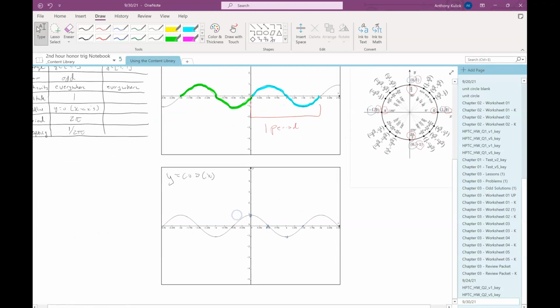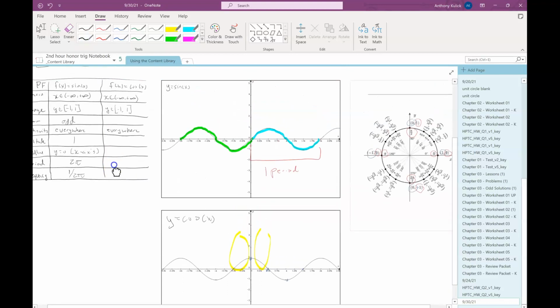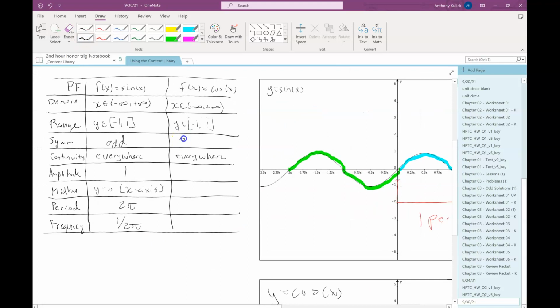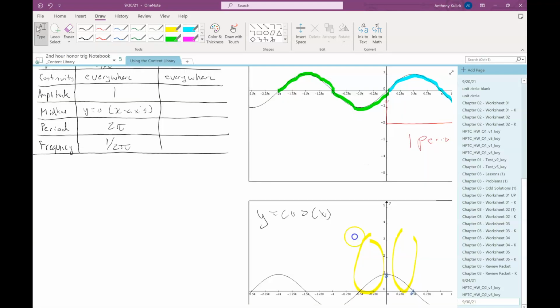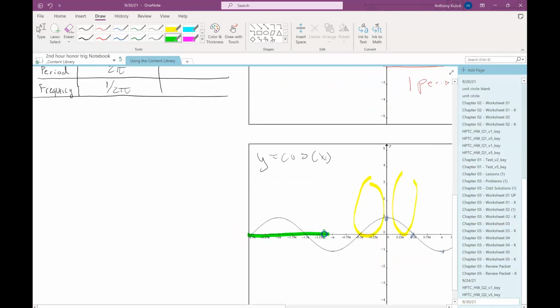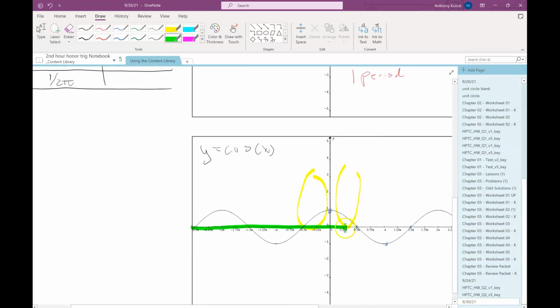Okay. If I look at the graph of cosine, I notice that it's like a mirror reflection of itself across the y-axis. That's the definition of even, another way of defining an even function. And just like for the sine graph, the midline for cosine is still going to be the x-axis. Everybody's cool there?